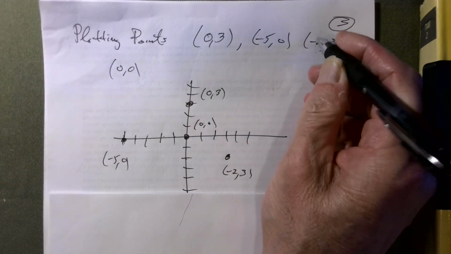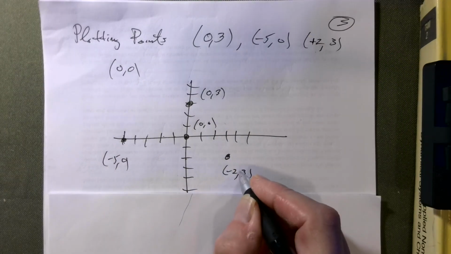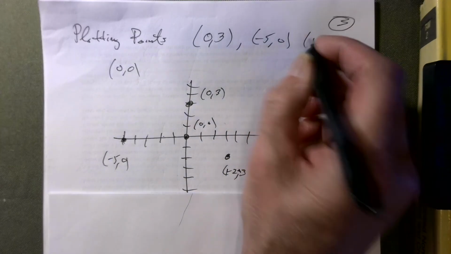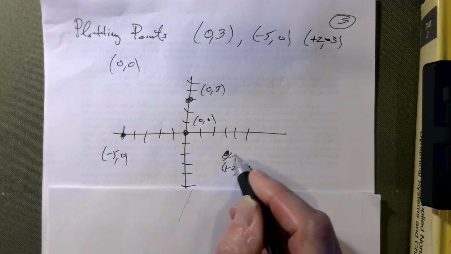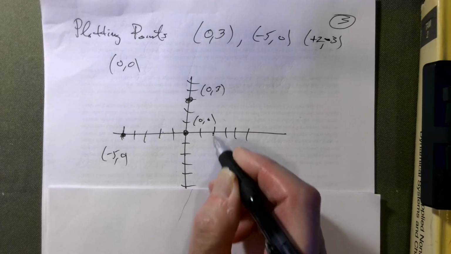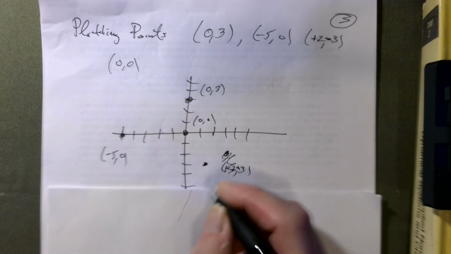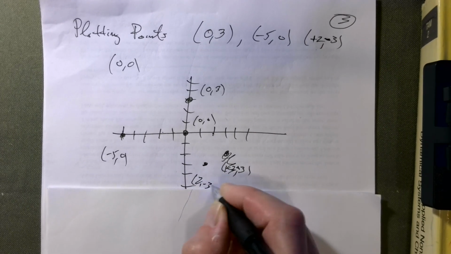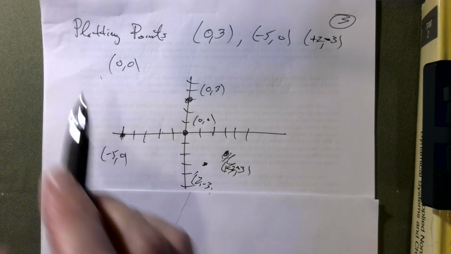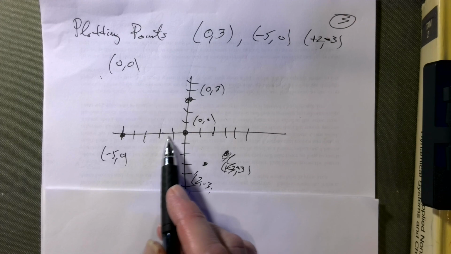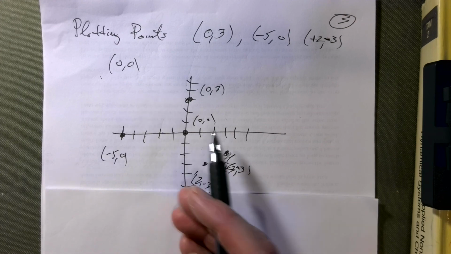Let's just make that 2, -3. 2, -3 would be down here. So you're moving over 2 to the right and 3 down. 0, 0 means you're at the origin. You don't move left or right. You don't go up or down.